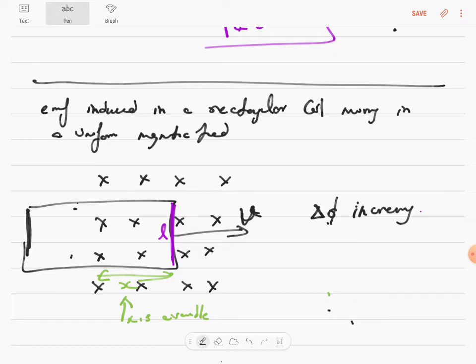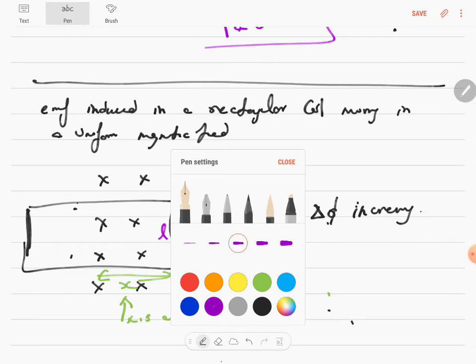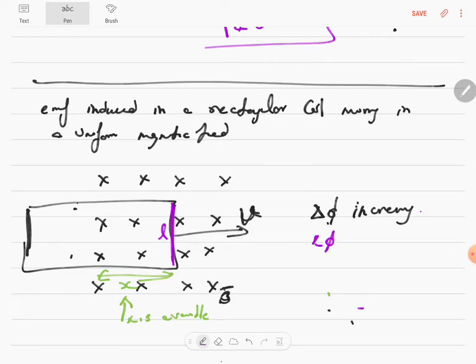In which direction is delta phi increasing? It's increasing in the direction of the magnetic field, which is pointing inward. There has to be a delta phi to counter this in the opposite direction, which is outward.